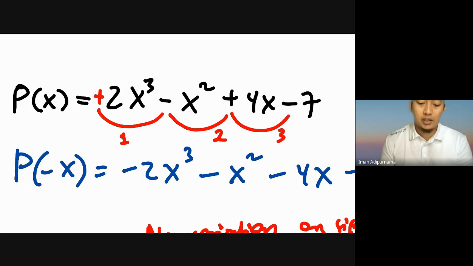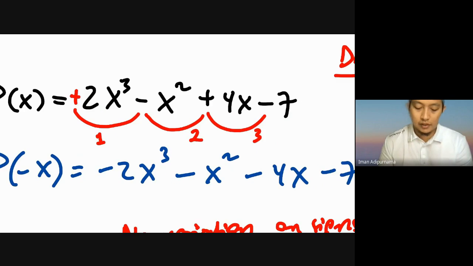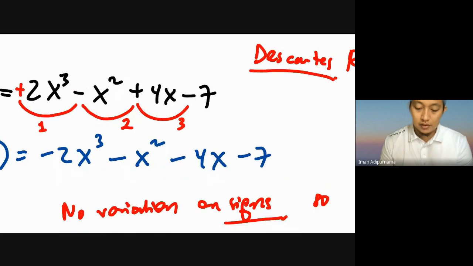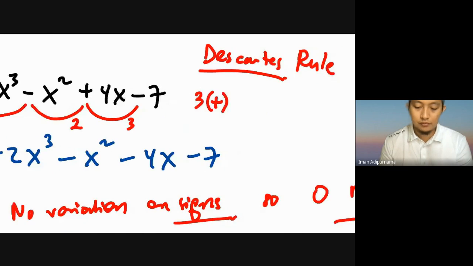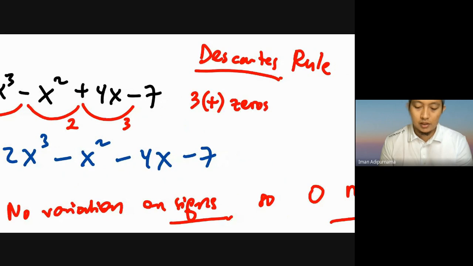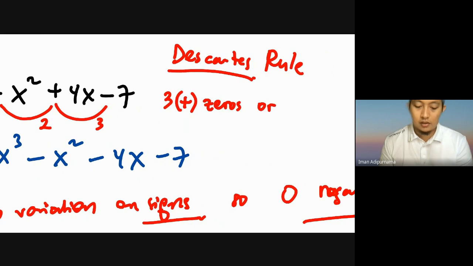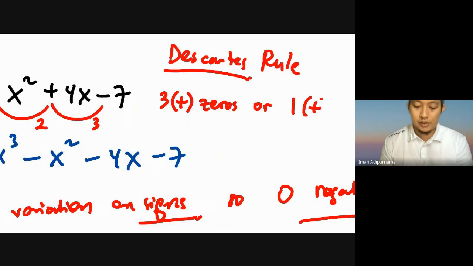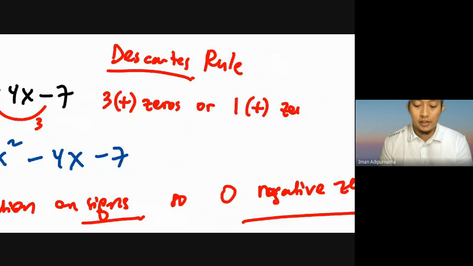So the sign changes 3 times, and the possibility is 3 positive zeros or 1 positive zero.